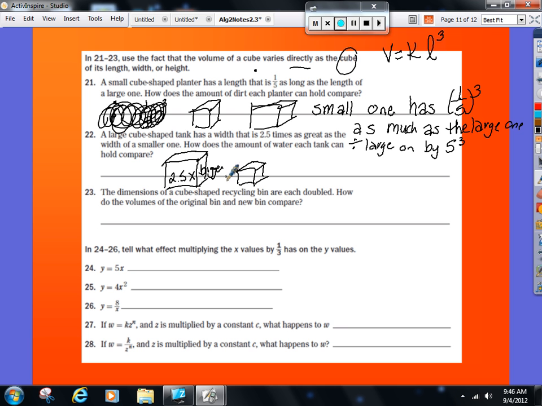How does the amount of water each tank can hold compare? So the bigger is going to be 2.5 to the third times greater in volume.